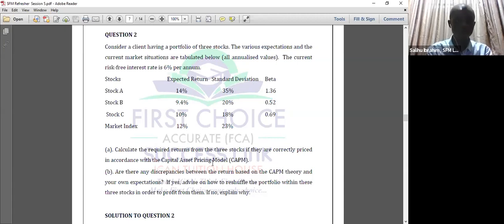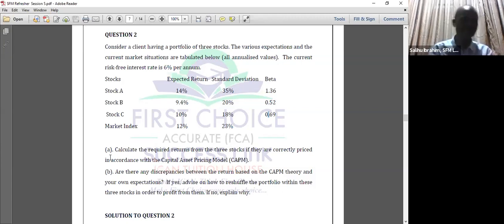Now we have our stocks. Look at it. We have 3 stocks: stock A, stock B, stock C. These are the expected returns. These are the standard deviations. These are the betas of those securities. Now, A, calculate the required return from the 3 stocks if they are correctly priced in accordance with the capital asset pricing model, CAPM.